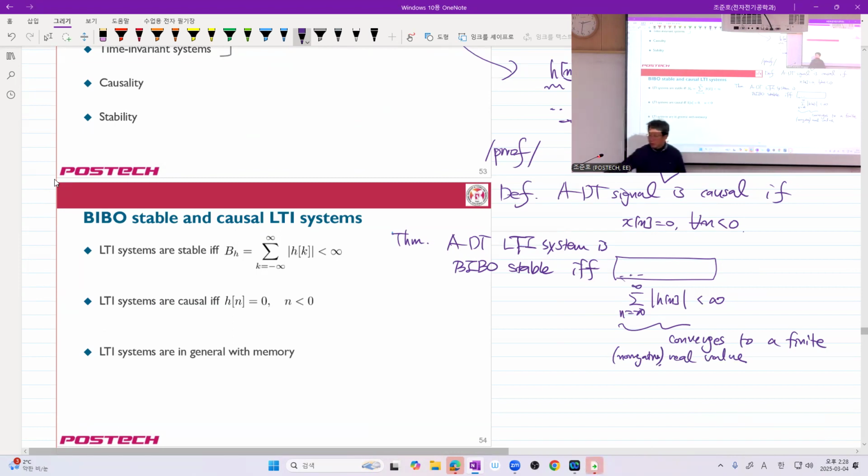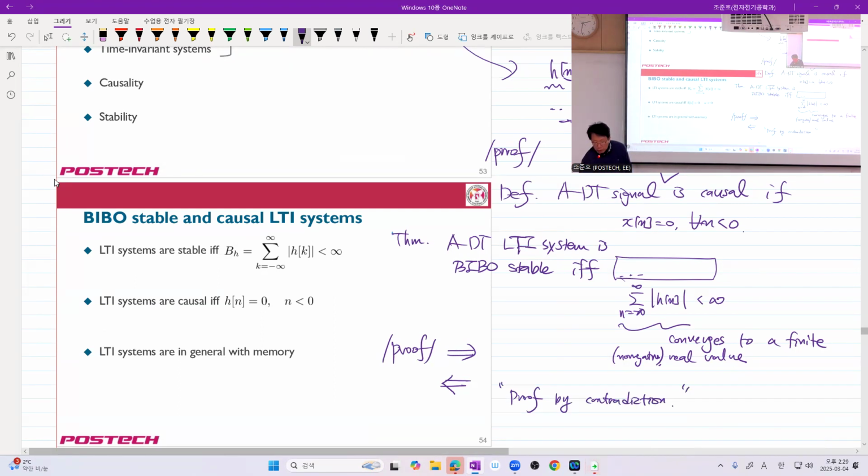Now, of course, we need to prove this one. And the proof can also be found in a standard signals and systems book. The proof requires you to prove the direct way and also the converse. There are many ways to prove it, but proof by contradiction is useful.